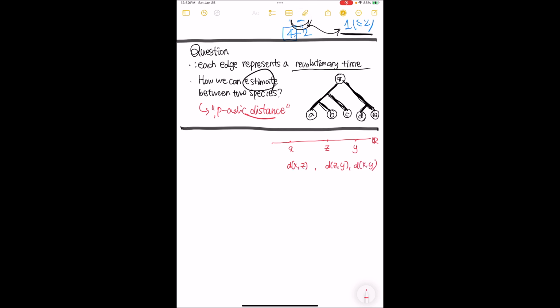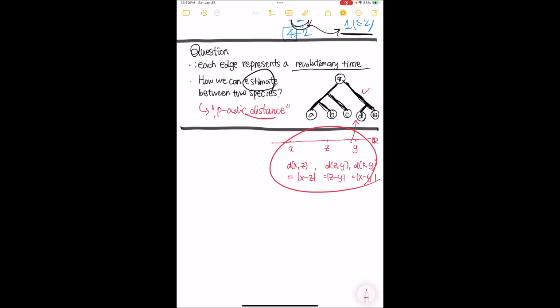And this metric is usually the absolute value between two points. But in this case, such a metric system is obviously not a nice model.